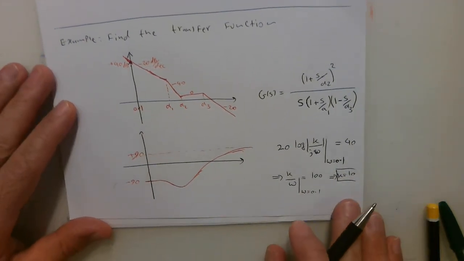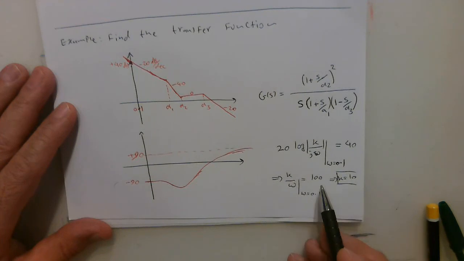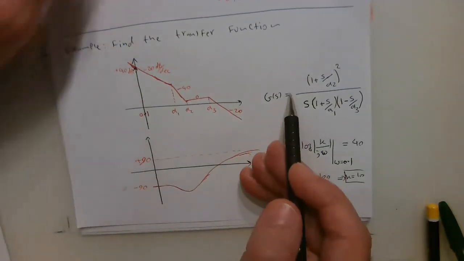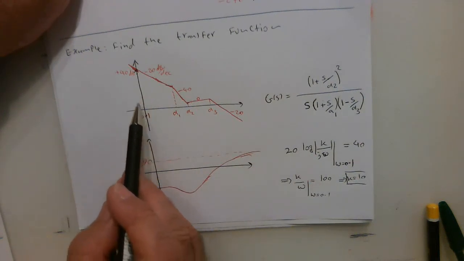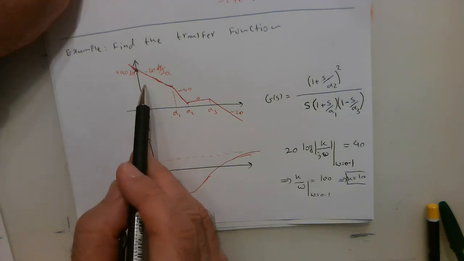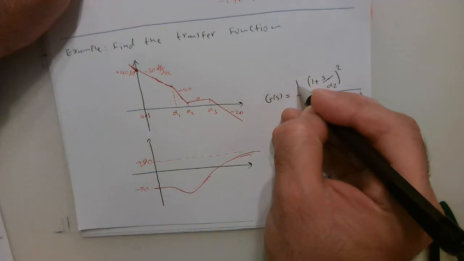Which actually does make sense, because the logarithm of 10 is 1 and 20 logarithm of 10 is 20. So if the gain was 1 at omega equal 0.1, the magnitude would have been 20, but now it is 40. So this 20 increase should be due to the gain.